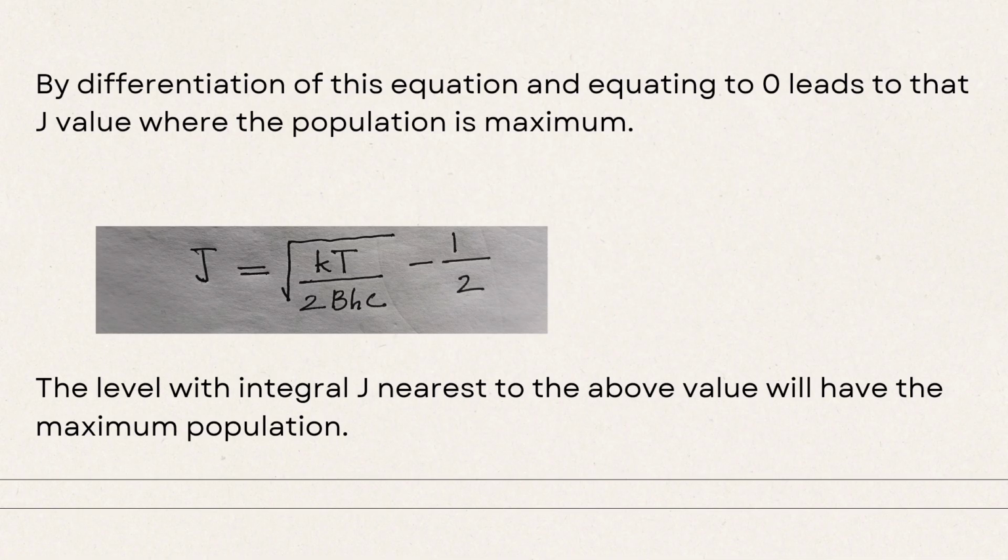The level with integral J nearest to the above value will have the maximum population. That means the transition originating from the level having the integral J value nearest will have the maximum intensity.